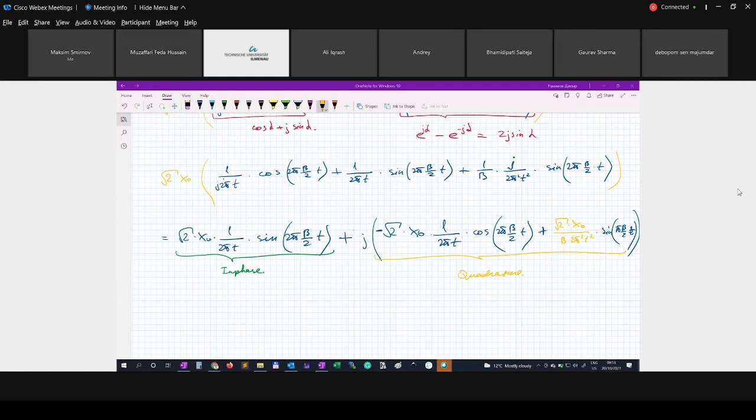Two pi capital B over 2 times t. This is my 2 pi. This is like just pi, but it's 2 pi. 2 pi B over 2. So let's go further. Okay, let me just check again that it should be exactly this answer.